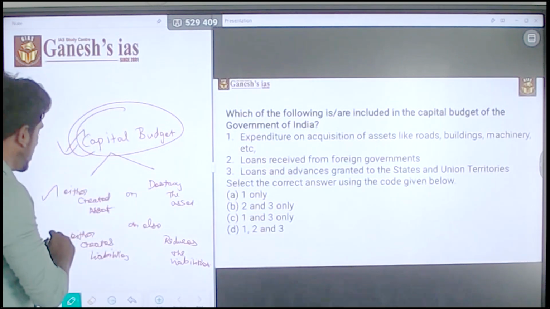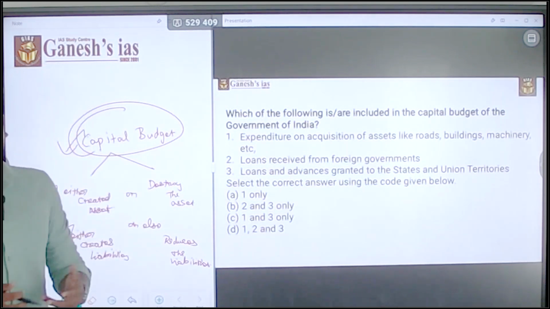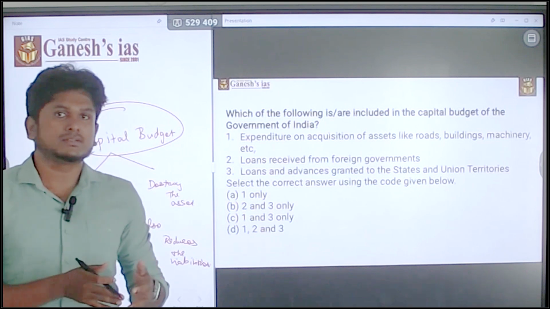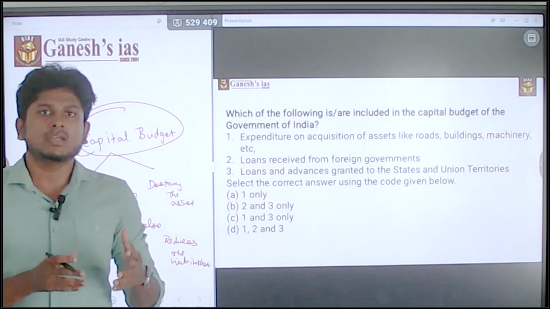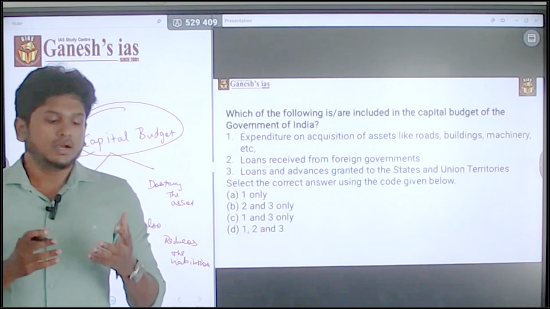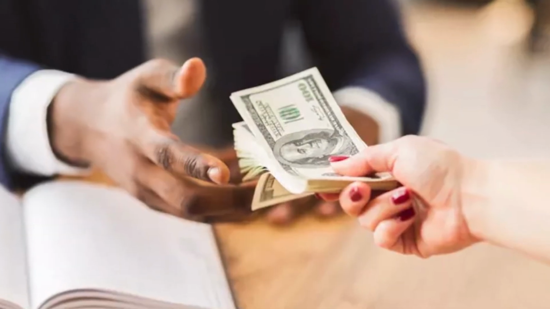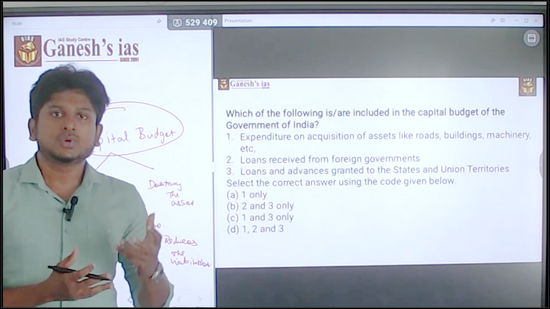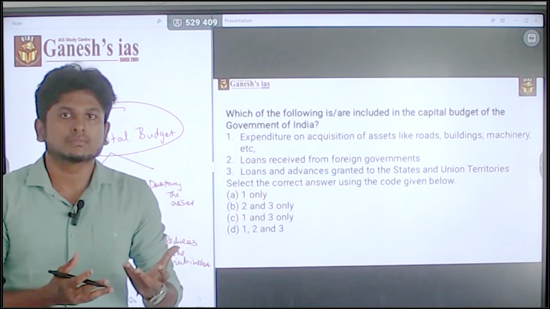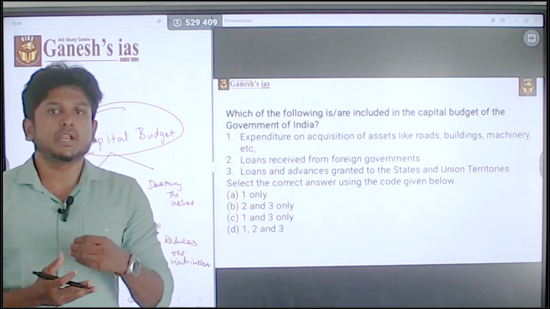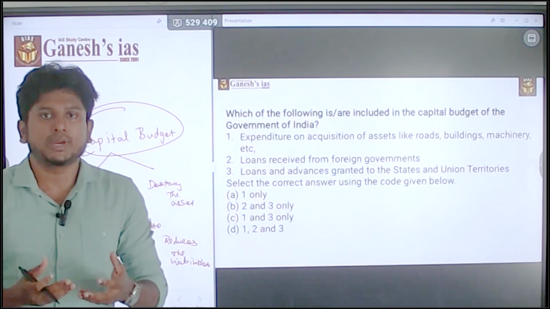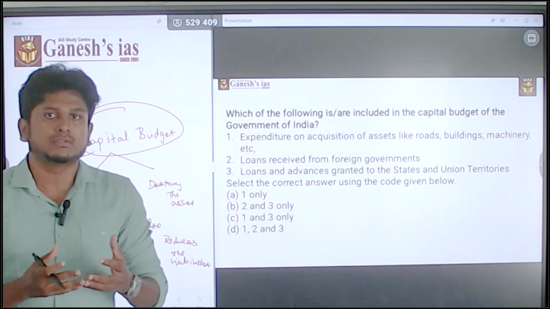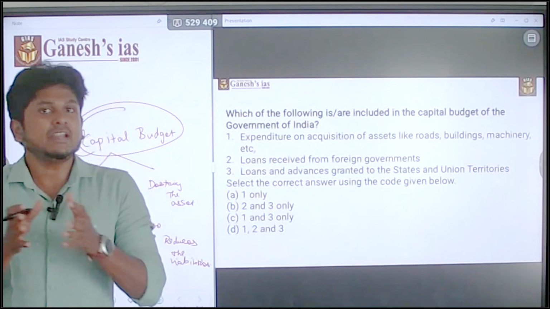Next thing is either it creates the liabilities or reduces the liabilities. Consider that the Indian government borrowed money from the United Nations or the World Bank or the IMF. So they are creating the liabilities, because they borrowed money and have to repay it. That is called a liability.